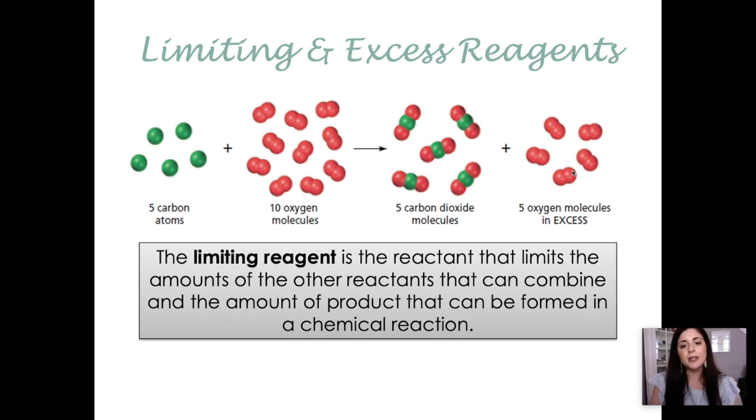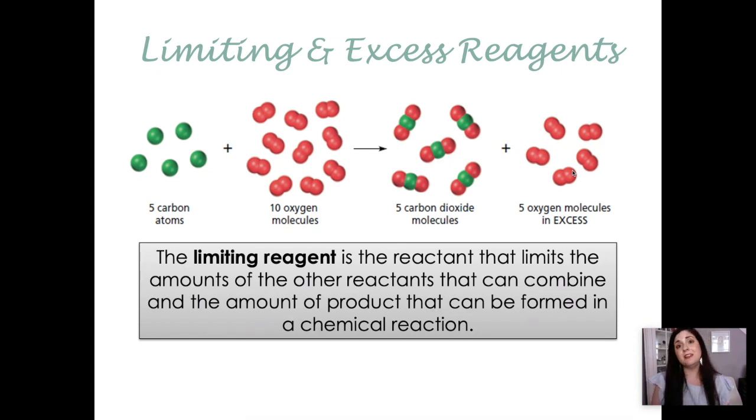Your limiting reagent, in this case, is the carbon. It's the reactant that limits or prevents the amounts of other reactants that can combine and the amount of products that can be formed. The limiting reagent stops the reaction from happening because there is no more of it left.